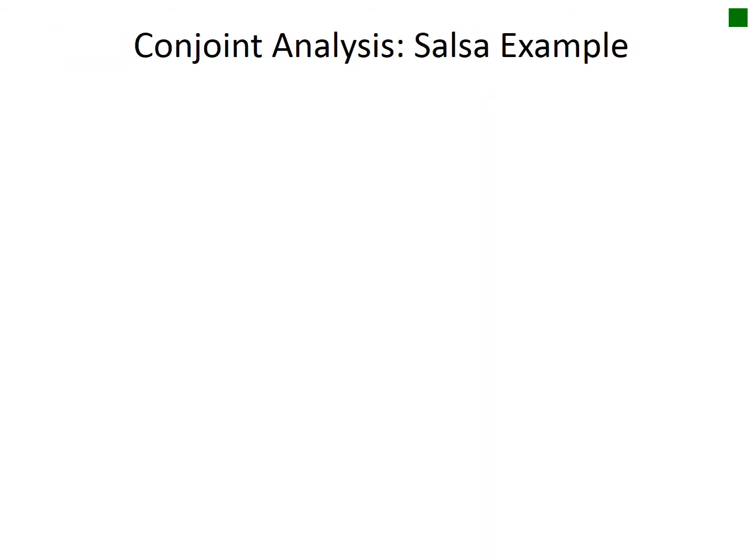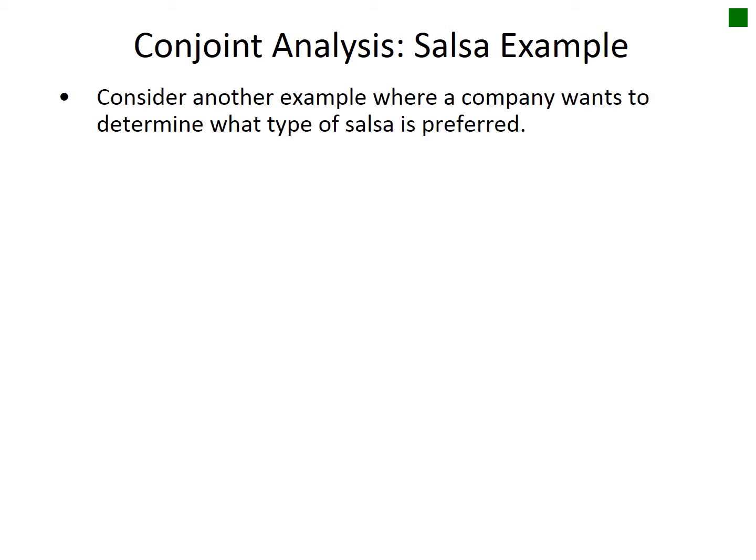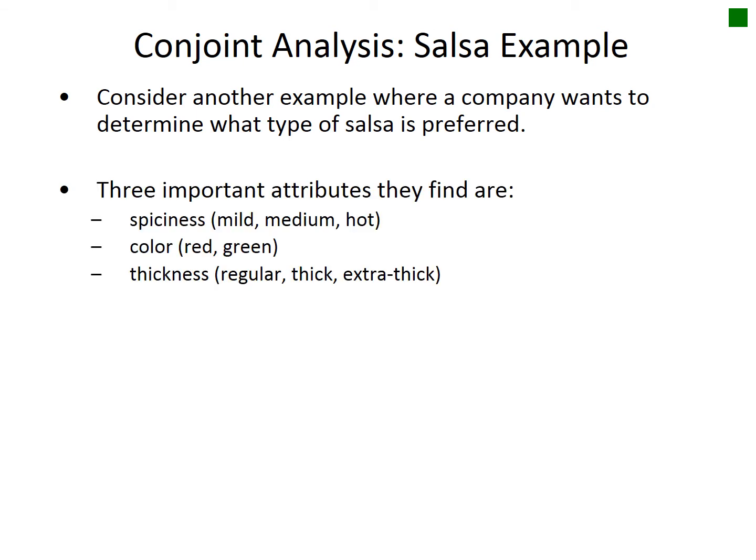Here's another example. This is the Salsa example. We're thinking about a company that wants to produce salsa, and they have a couple of different choices in terms of what is desired by the customer. We have the spiciness of the salsa: mild, medium, and hot. So we have 3 levels of that attribute.